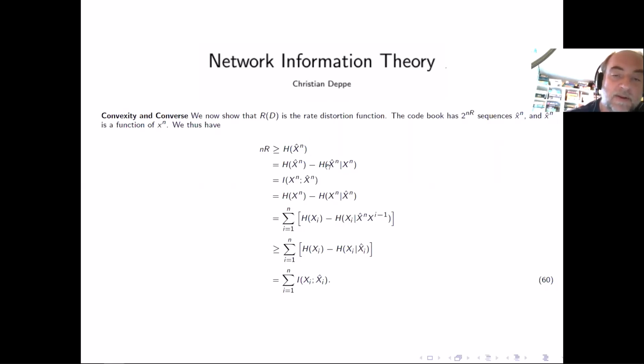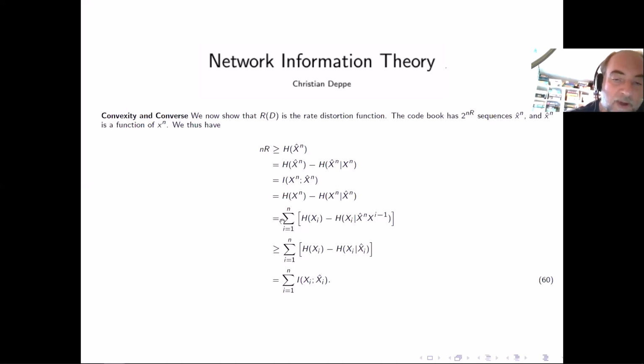Now we can add, because again, x hat of n is a function of xn, the entropy of this is 0, so we can just write it in this way. But then we get the mutual information. This mutual information we can also write in this way here. So we have the entropy of xn minus the entropy of xn conditional on x hat of n.